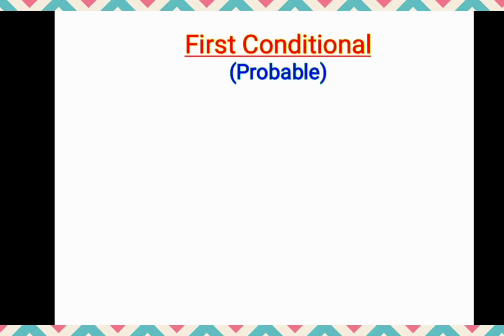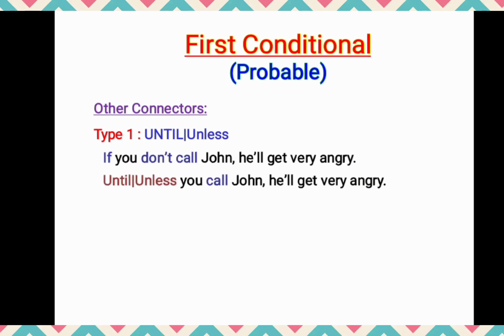First conditional, probable. Other connectors. In other connectors, I will discuss firstly type 1, until and unless. If you don't call John, he will get very angry. The first example.